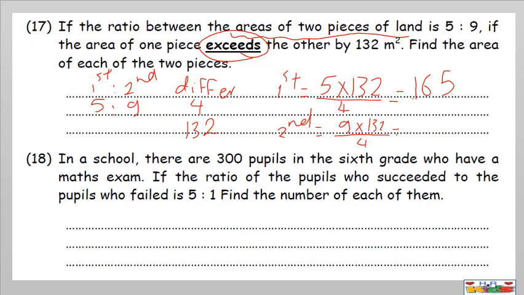Then we multiply by 5. And 9 by 132 divided by 4 equals 297.